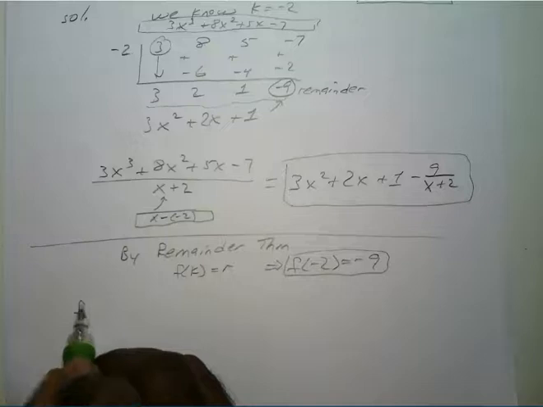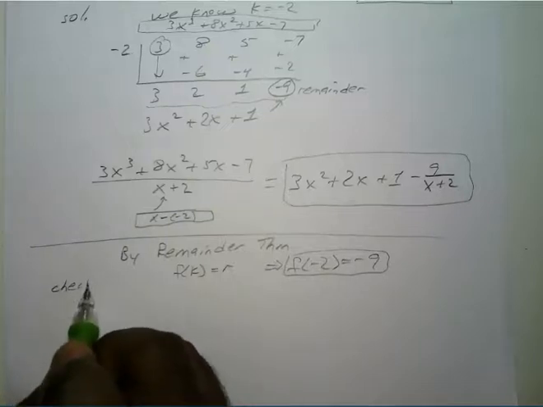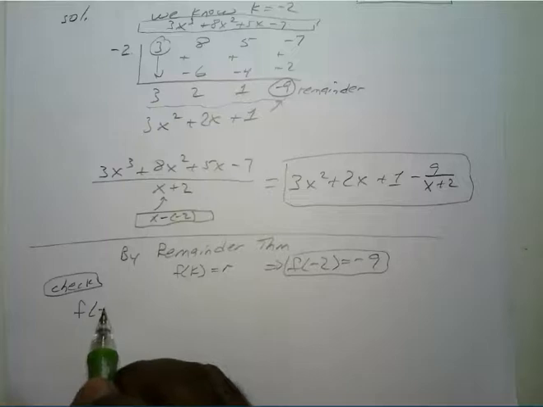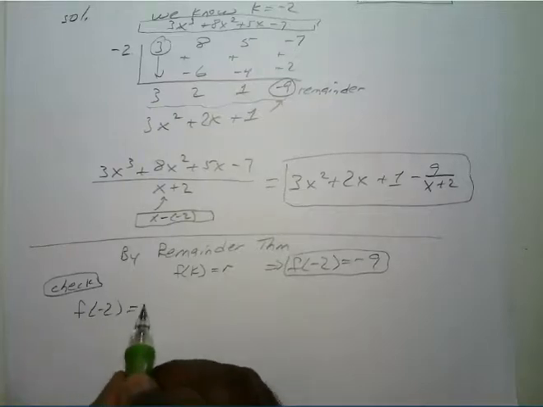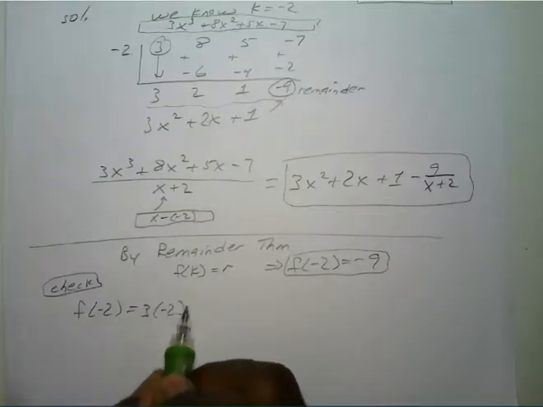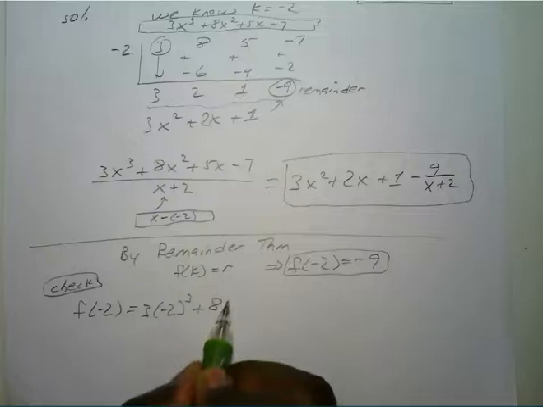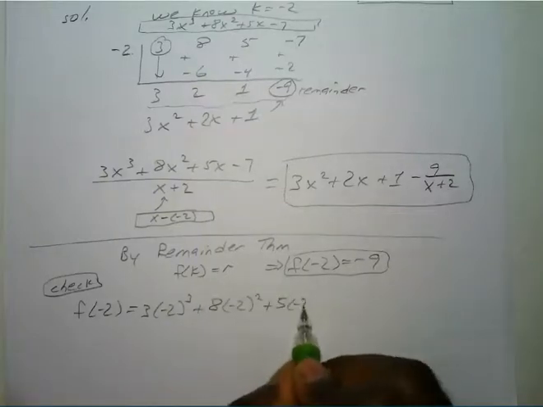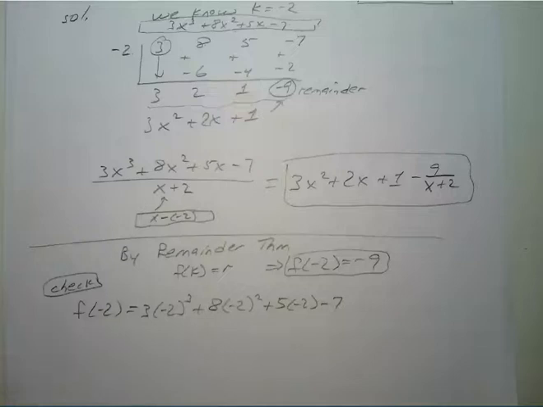Okay, so let's put check right here. So f of negative 2 equals 3 times negative 2 to the third, plus 8 times negative 2 squared, plus 5 times negative 2 minus 7.